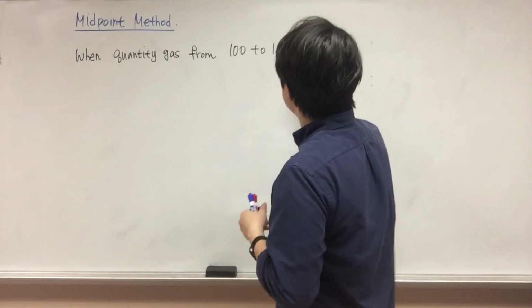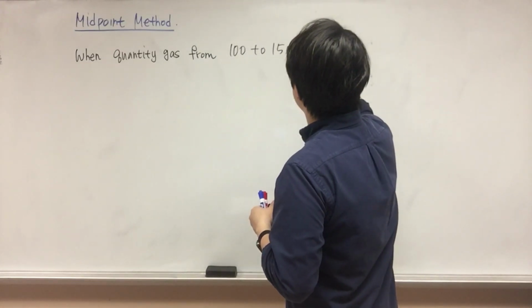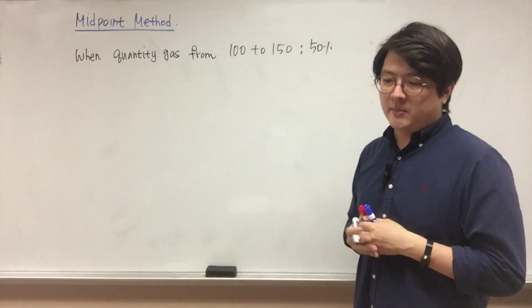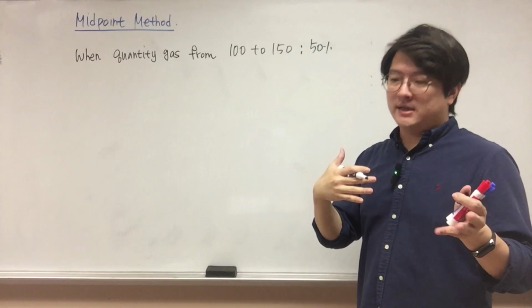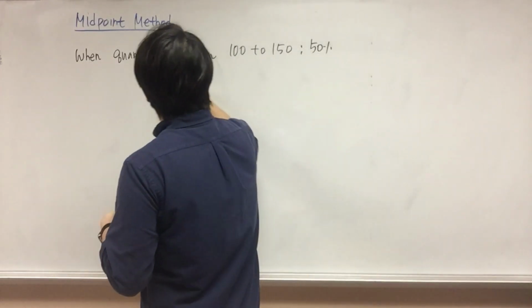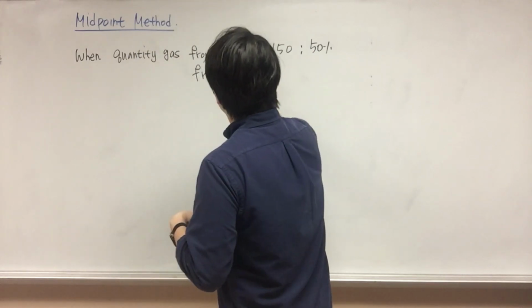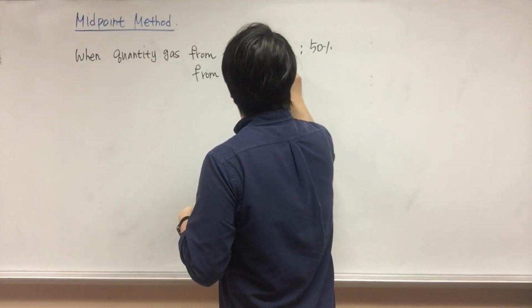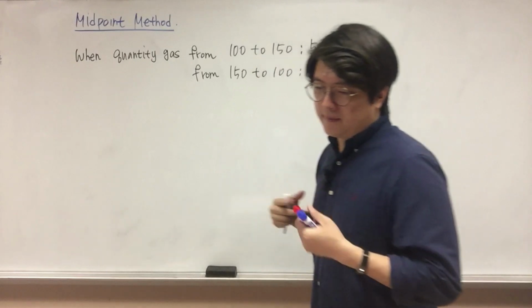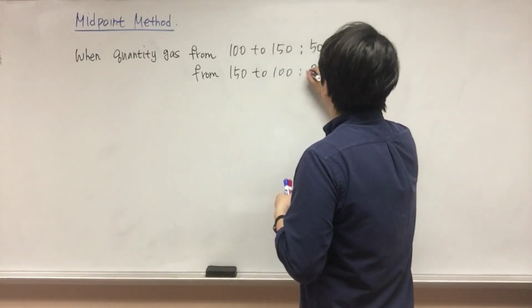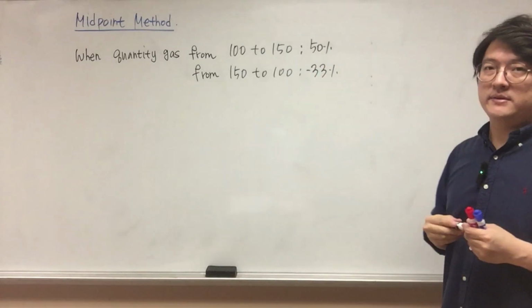In this case, it is an increase by 50%, right? How about vice versa? If it goes back from 150 to 100, what is that? It decreased by 33%.